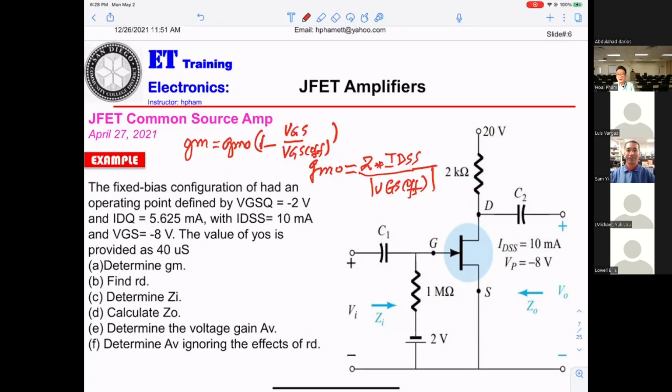Try to memorize it, okay? They will be asking you, even if they don't want you to do the calculation. Normally, the next question is, what is the GM0?